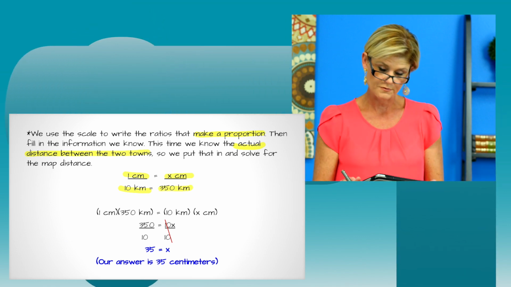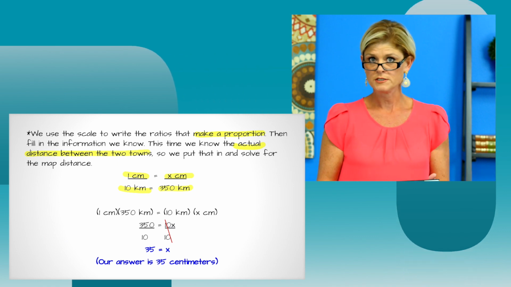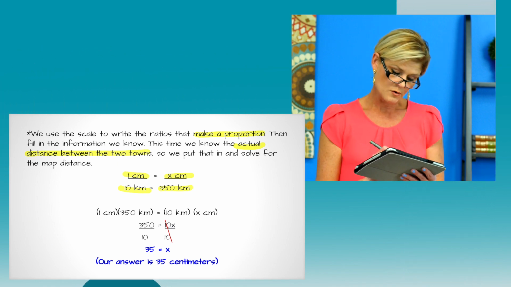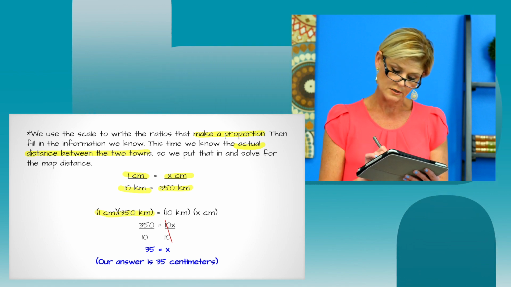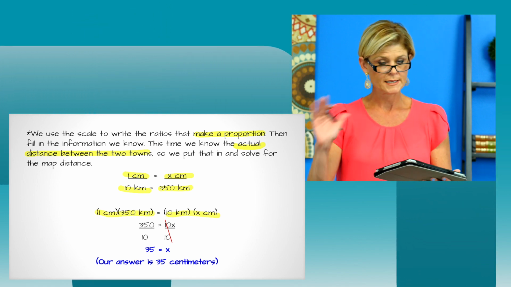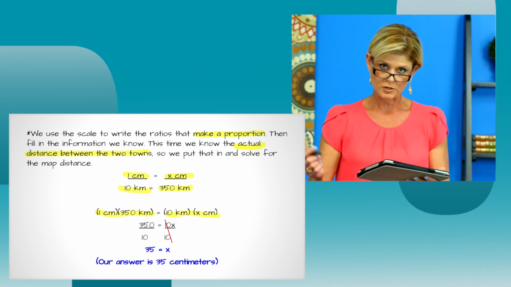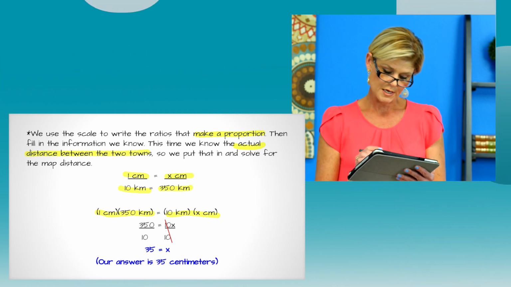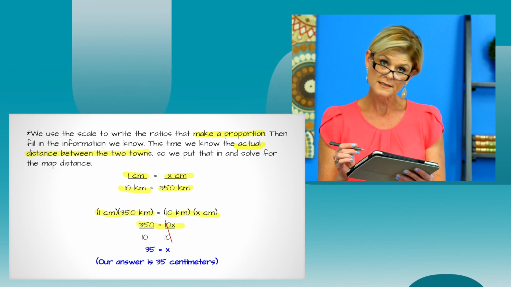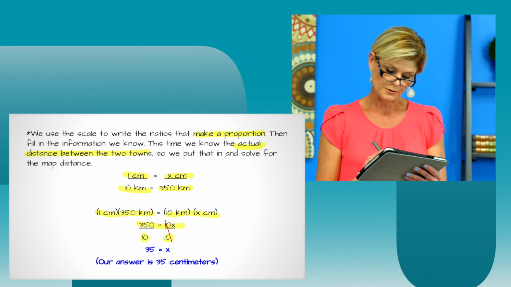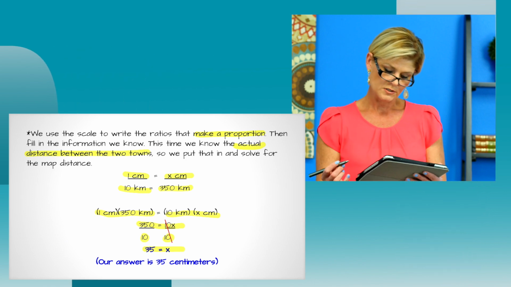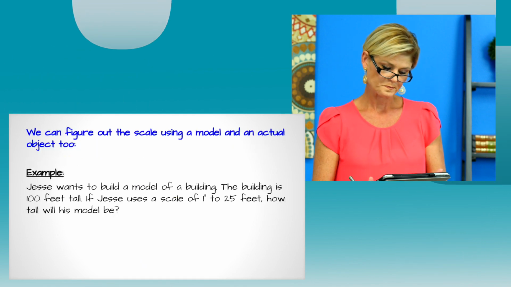Now we just need to cross multiply. We get 1 centimeter times 350 kilometers equals 10 kilometers times x centimeters. So 350 equals 10x. Divide both sides by 10 and we get x equals 35. So our answer is 35 centimeters.